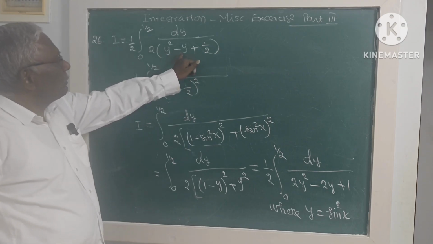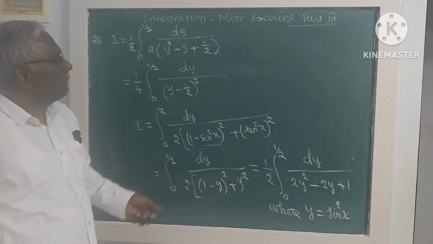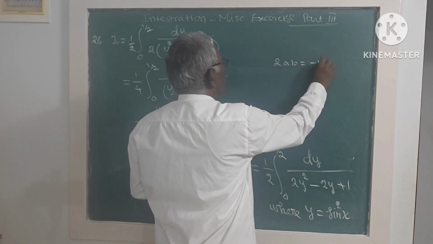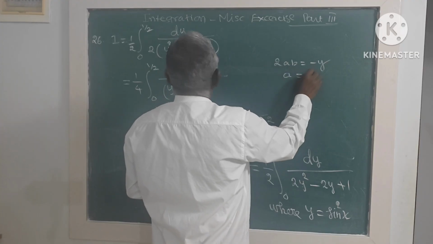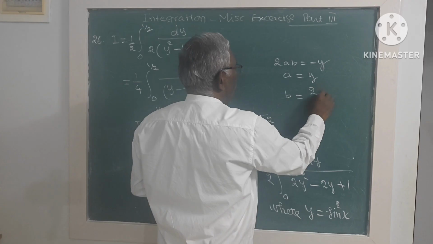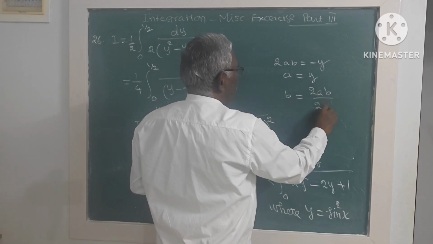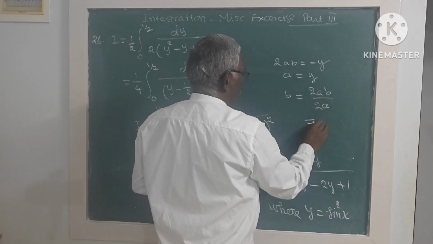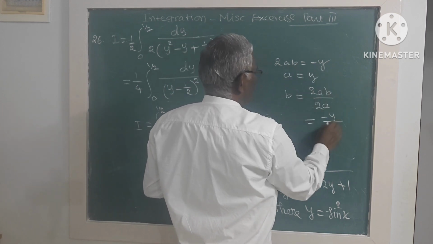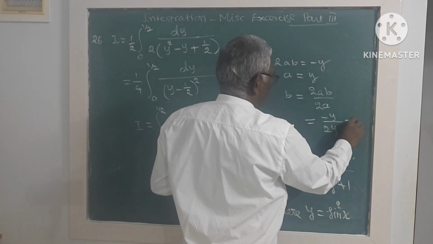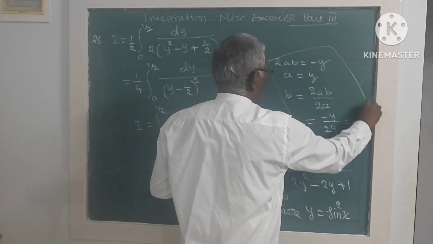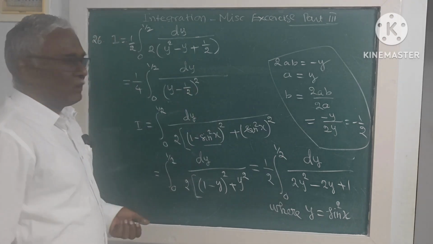A is y, so 2ab is equal to minus y, so b is equal to minus y by 2y, that is minus half.